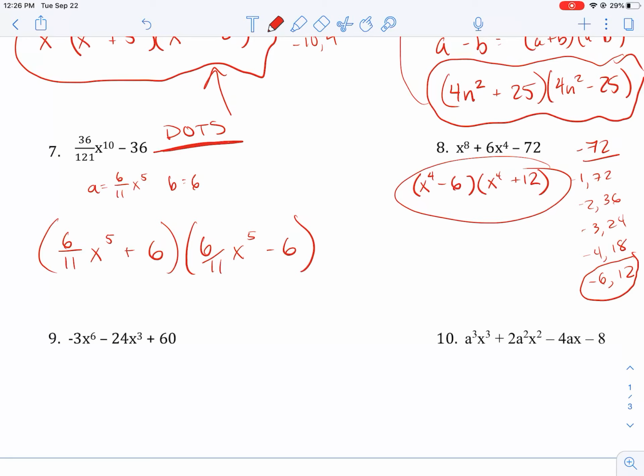Okay, moving down below here. All right, so a lot of times when we're factoring, we really don't like having a negative coefficient. So we really don't want to change anything either. So we're just going to have to work through it. All right, so we're going to take this, we're going to multiply. So we're going to be negative 180. Okay? All right, so negative 180, what are the factors of negative 180 that add up to negative 24?